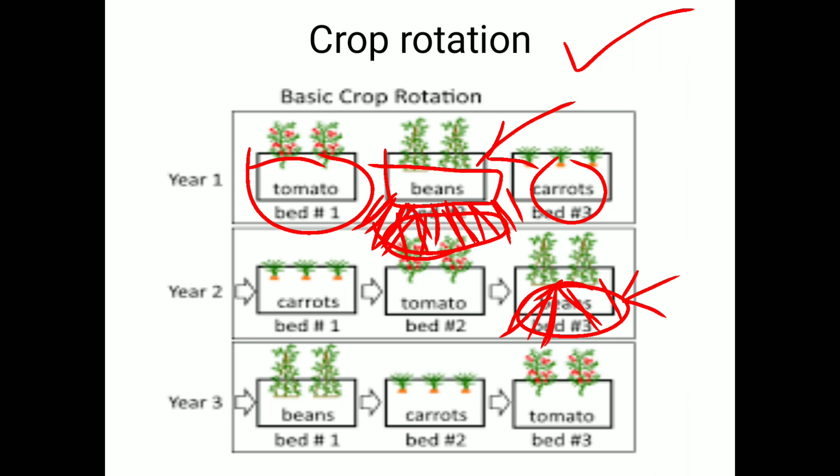So crop rotation also helps to reduce the soil-borne population. There are a number of benefits of crop rotation, and the most important role is the suppression of soil-borne diseases.